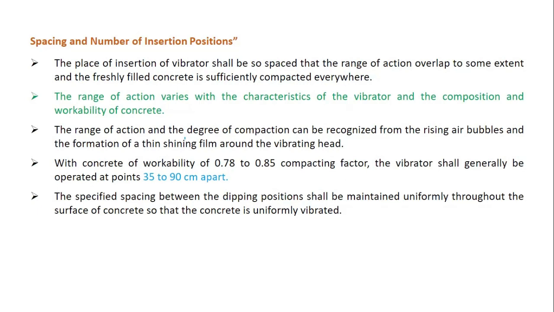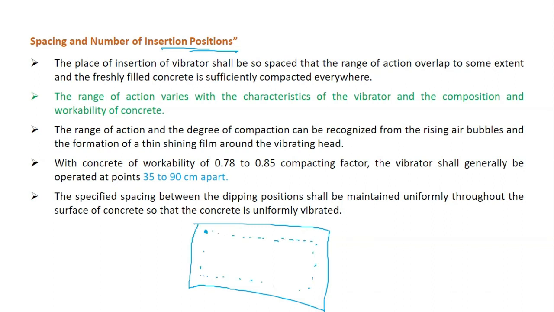The spacing and number of insertion positions. As I told you, when there is a large slab or a concrete pavement, you put the needle at regular intervals, which can be between 35 to 90 centimeter.